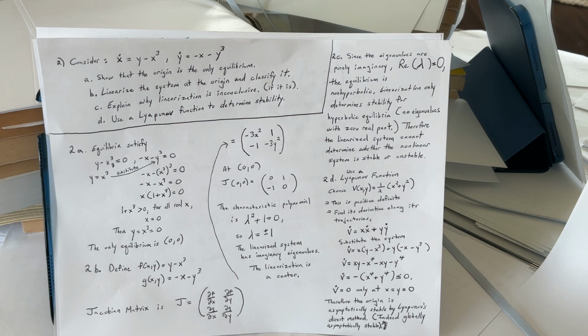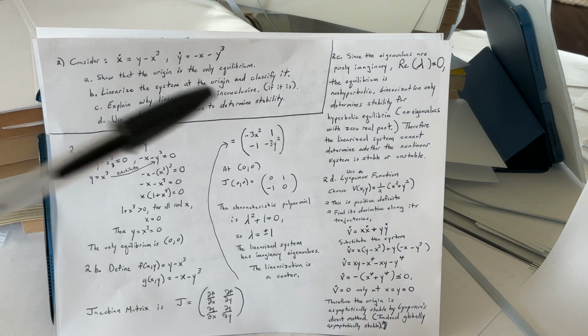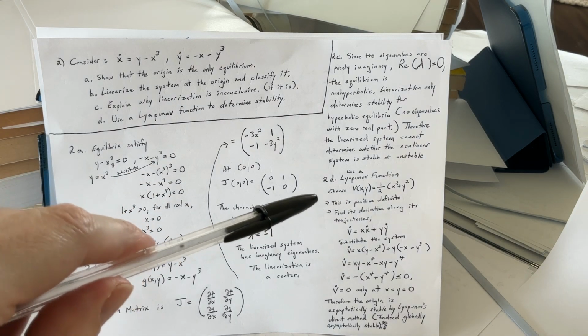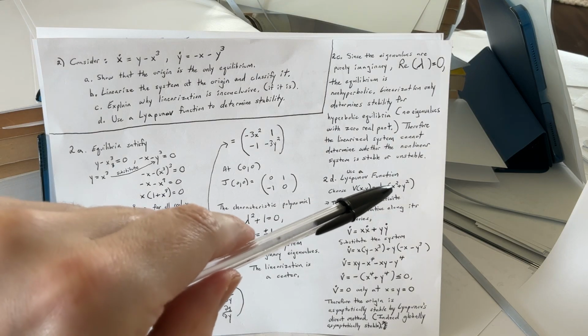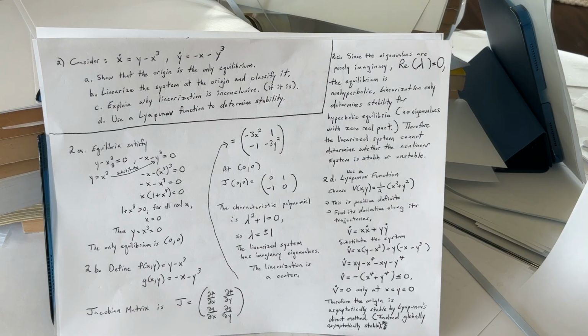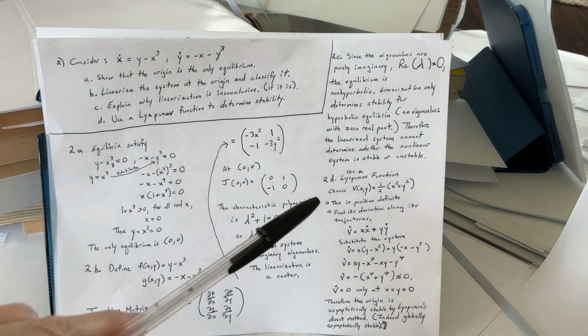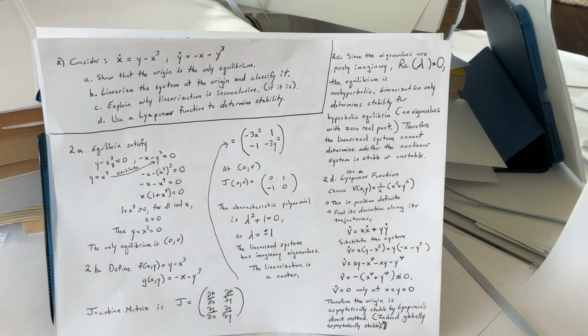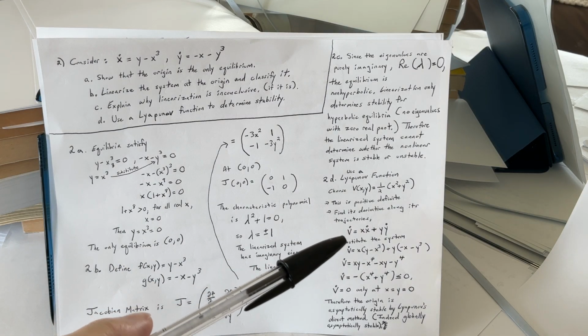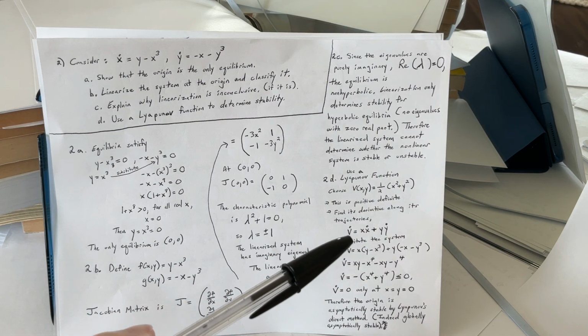Now moving along to letter D: use a Lyapunov function to determine the stability. So what we're going to use is V of x, y equals 1/2 times the quantity x squared plus y squared. In this situation, it's positive definite. Find its derivative along the trajectories. So think about what we have here.